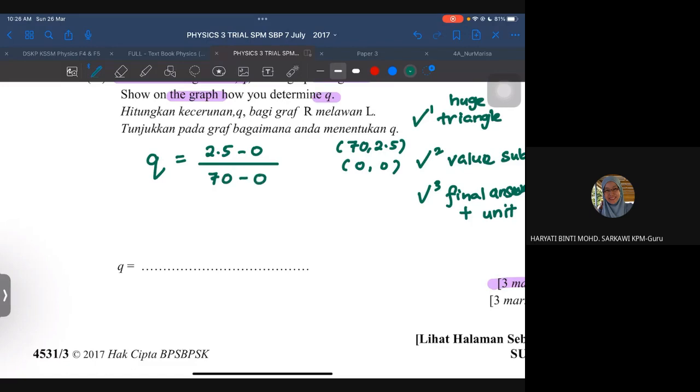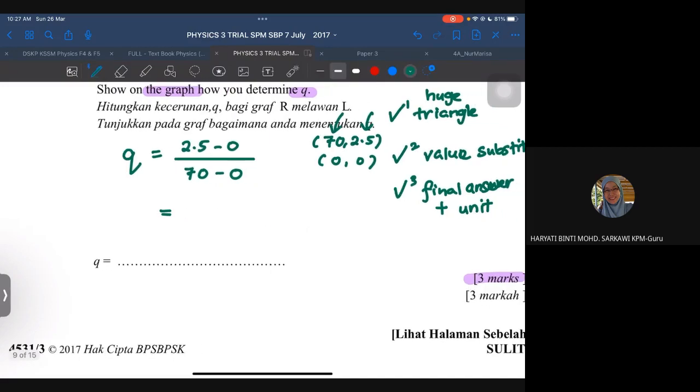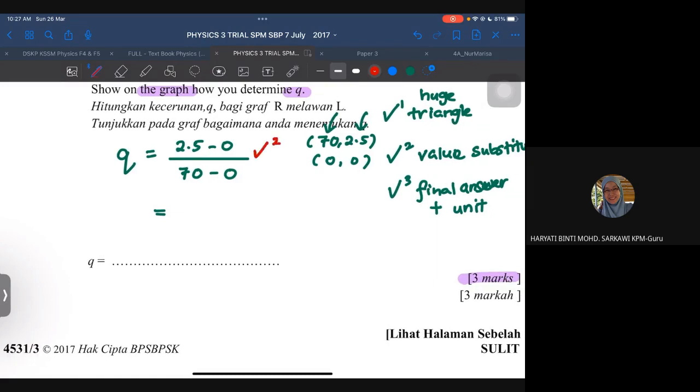Ataupun terbalik kelas? 2.5 minus 0 ke atau or like this? Which one is correct? Number 1 ke number 2? Okay, good. Number 1 correct. Okay, mestilah y ya. Y changes in y axis, okay, divided by changes in x axis. Okay, sepatutnya number 1 lah. So cikgu padam. Now, so this is the second mark, markah kedua.